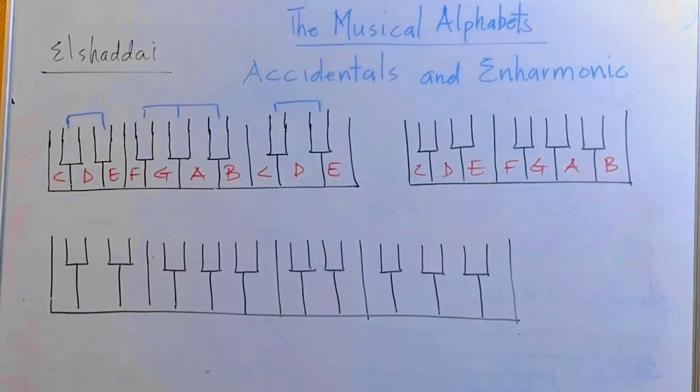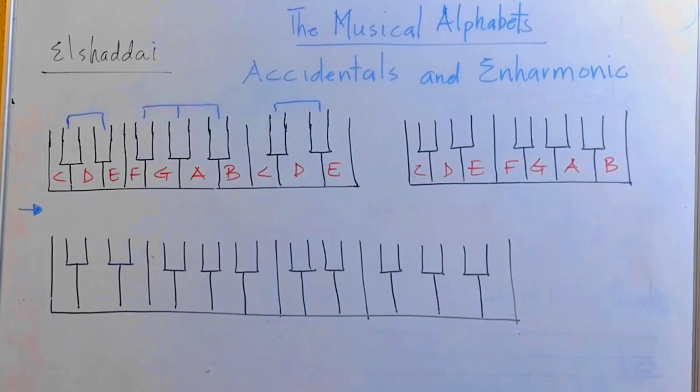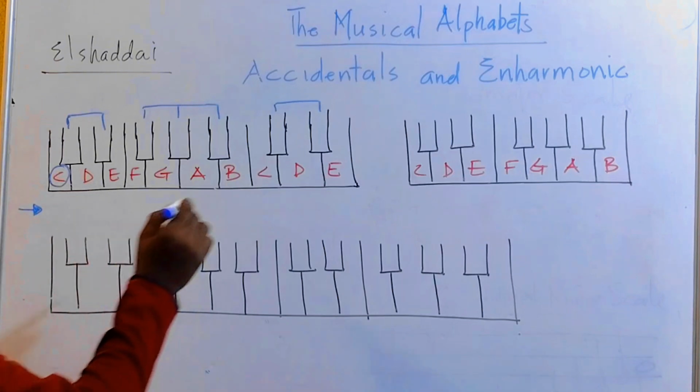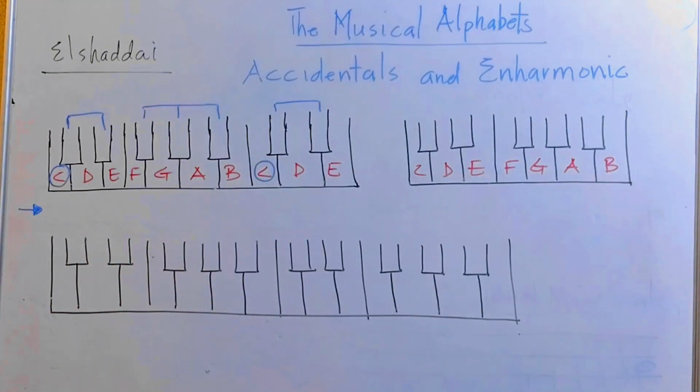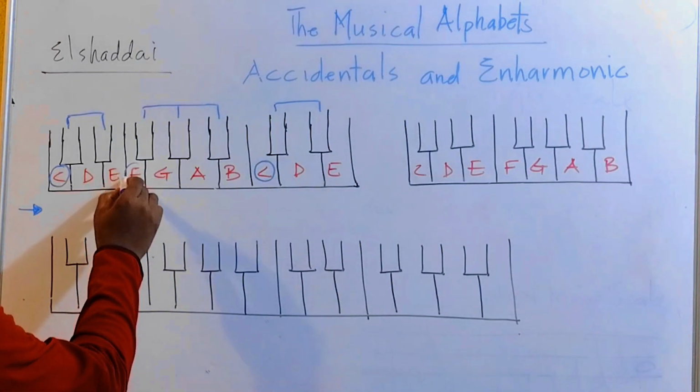So C is the white key before the 2 black keys. Before comes on the left. So when we say C is the white key before the 2 black keys, we're talking about this key. This is C. And F is the white key before the 3 black keys.